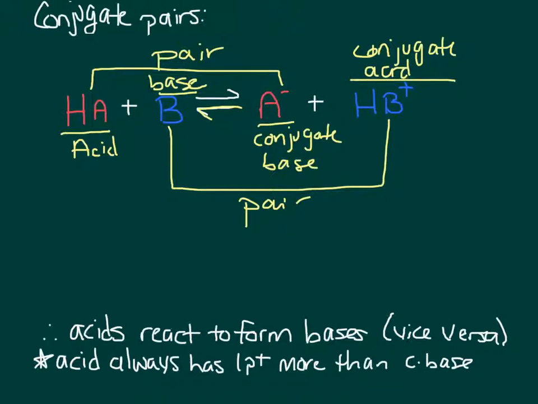Because it has that extra proton, it's going to be able to donate that proton back to A-, therefore it is an acid, but on the reactant side, in order to revert back to its original base form. Acids react to form bases, bases react to form acids, and vice versa, which is why we run an equilibrium reaction. As mentioned before, how do you identify these pairs? Well, an acid always has one proton more than its associated base, and the base has one less proton than its conjugate acid, so on and so forth.